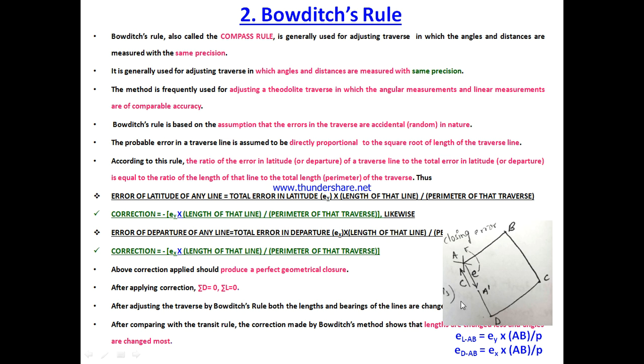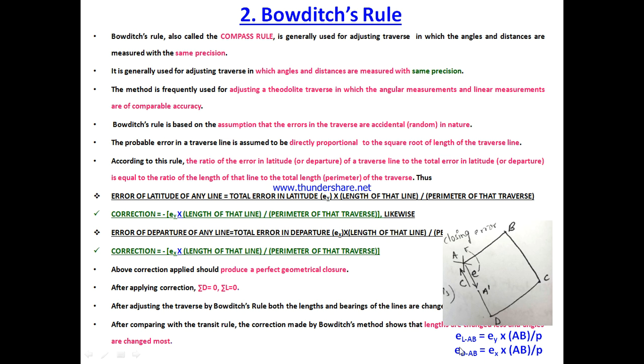So the latitude error of line AB is calculated as the total error in latitude into the length of this line, suppose x meters, upon the perimeter, which is the sum of all the traverse lines.